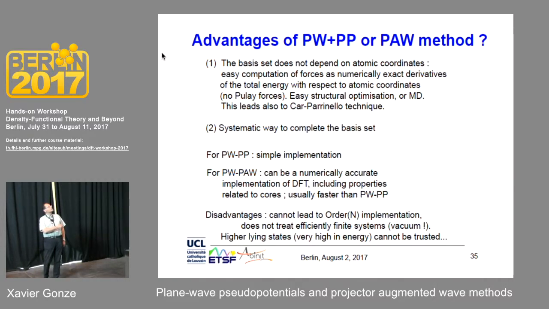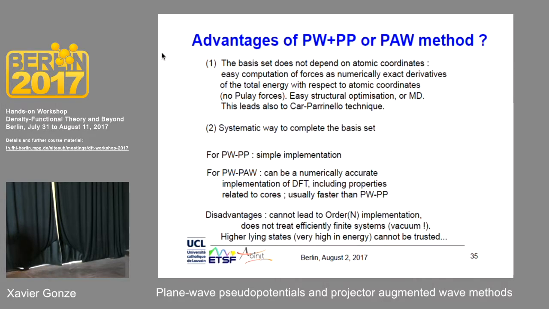Another advantage is that there is a systematic way to complete the basis set. We simply tune the cutoff energy and we obtain a better numerical solution of the system. Now, for plane wave norm-conserving pseudopotential, the implementation is moreover quite simple. And there are actually many properties in all the codes that I can think about that have norm-conserving as well as PAW.